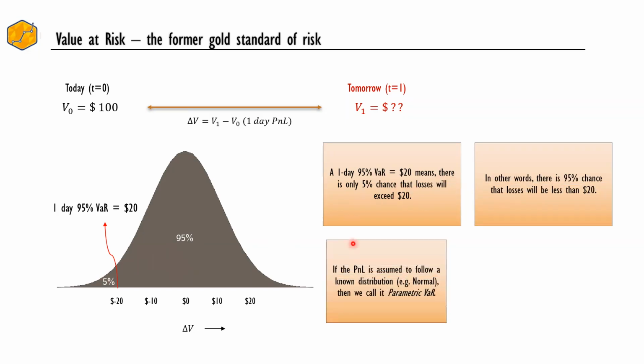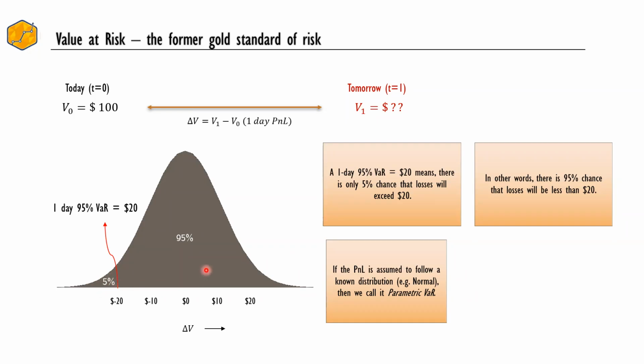For all intents and purposes, it's a default choice. We statisticians, if there is some random variable, typically assume that it is normal. So we will assume that PnL follows normal distribution. If it follows normal distribution, then I can find the quantile. If the cumulative probability is 5%, I can find this particular value.